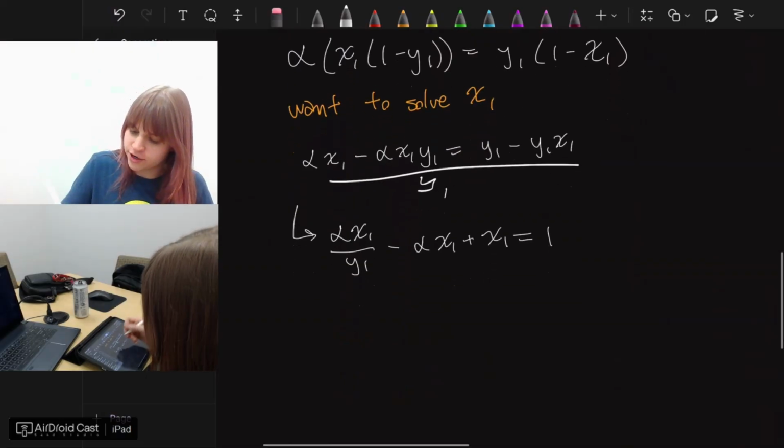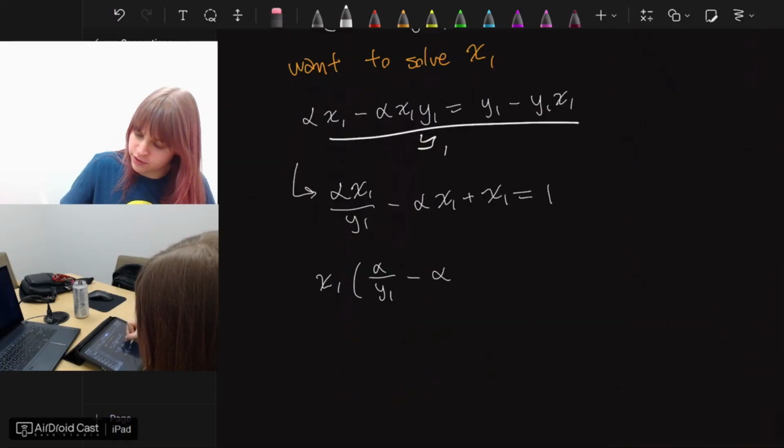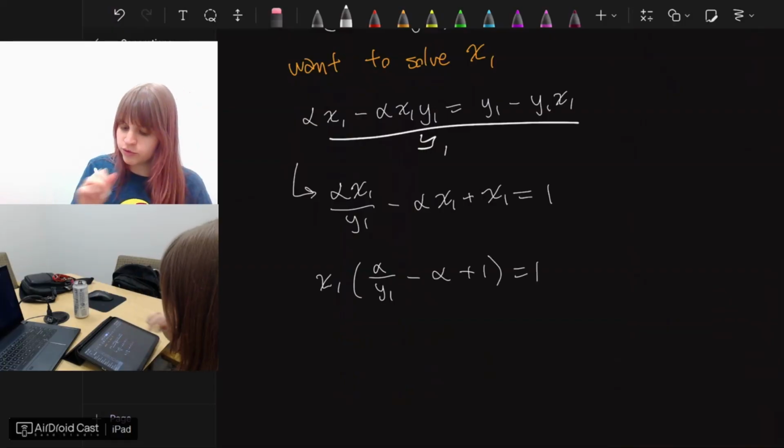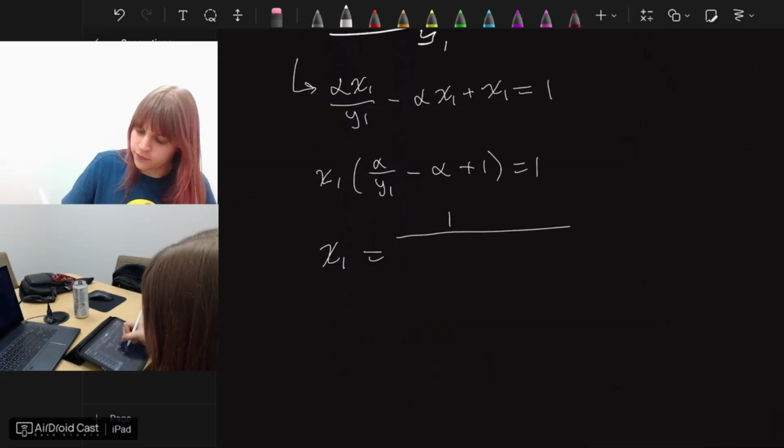If we pull out our X1, we would need to multiply that by alpha over Y1 minus alpha plus 1, and that's equal to 1. And so we get that X1 is equal to 1 divided by alpha over Y1 minus alpha plus 1.